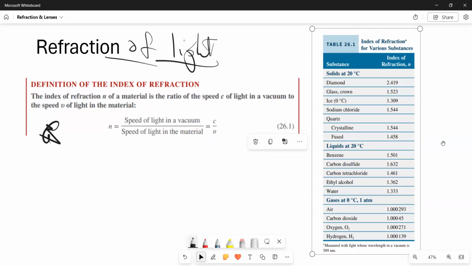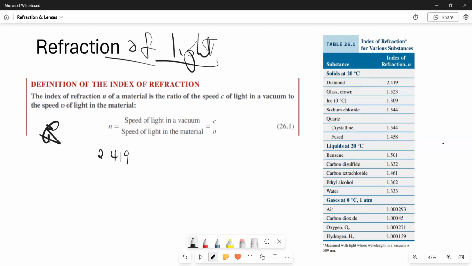Let's take diamond. So the refractive index of diamond is 2.419. I think you should whip out your calculator now. It equals, what's the speed of light in a vacuum? Anybody knows?